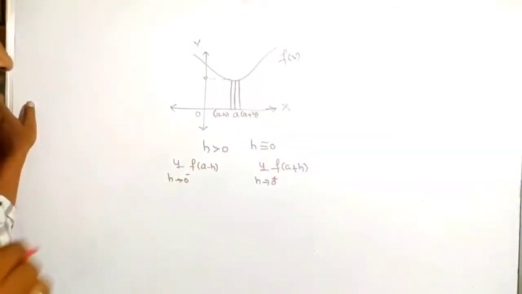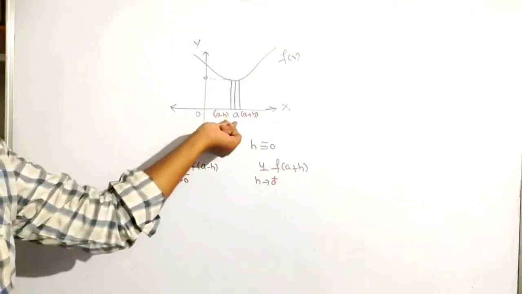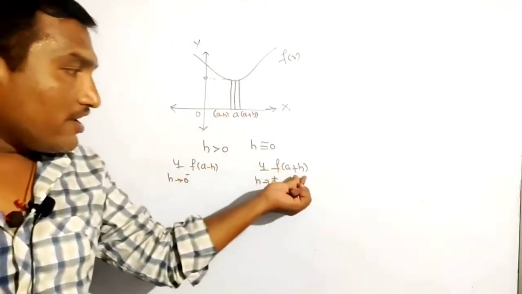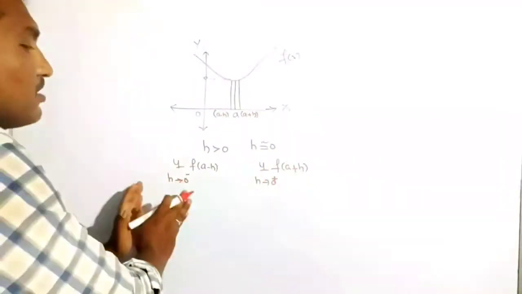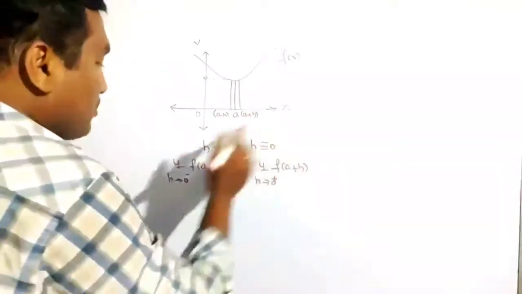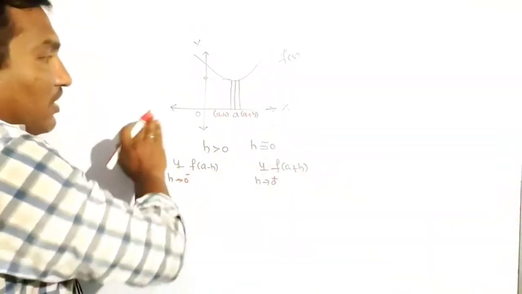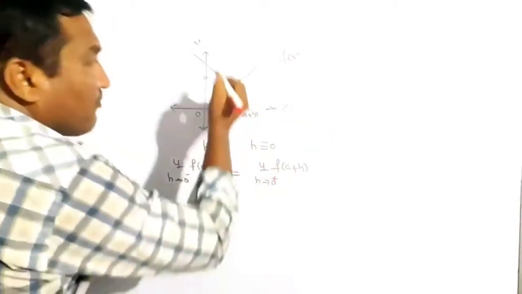So when h becomes 0, the value becomes f of a only. This is called the left hand limit, this is called the right hand limit. So in this case, when x is tending from the left side to a or from the right side to a, both will give f of a only.